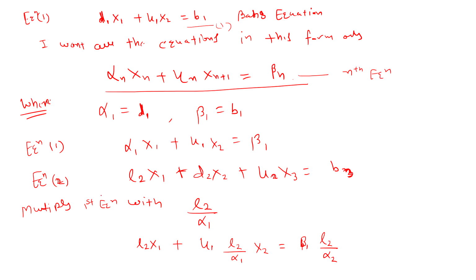Now I want to convert this equation into this form. So to do that, I am doing the row operation, and I am writing down this as equation number 3. Now the instruction is to do 2 minus 3.